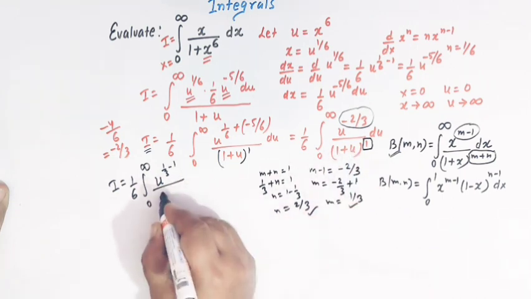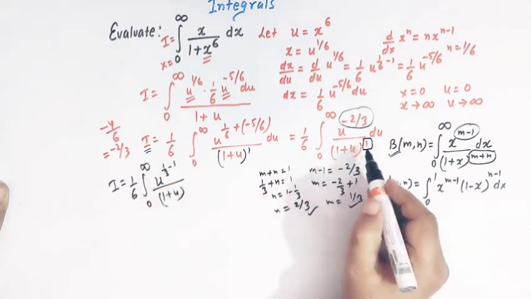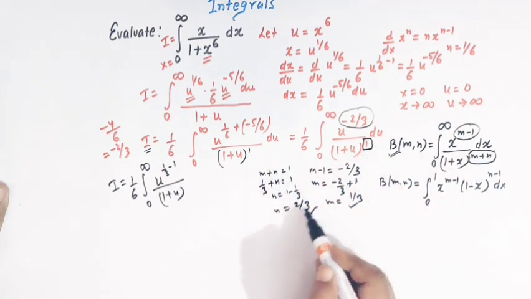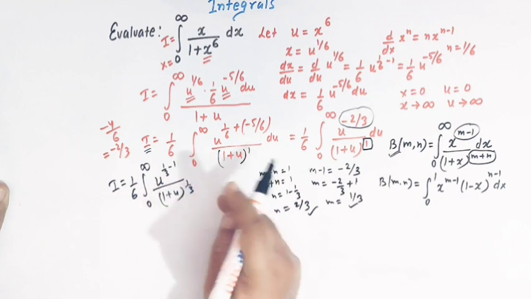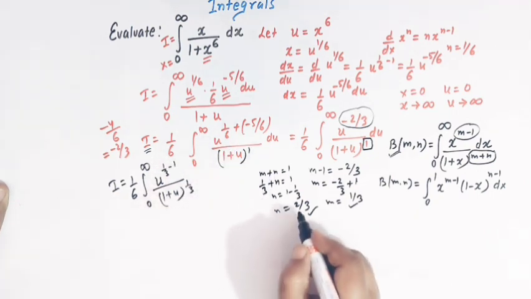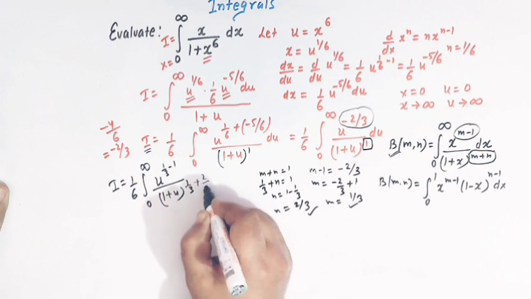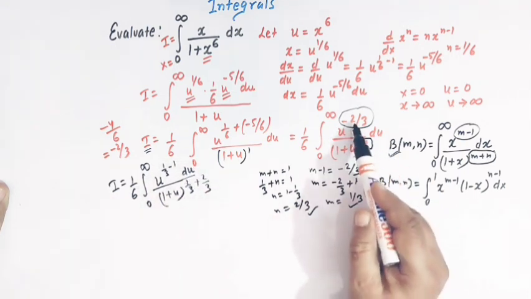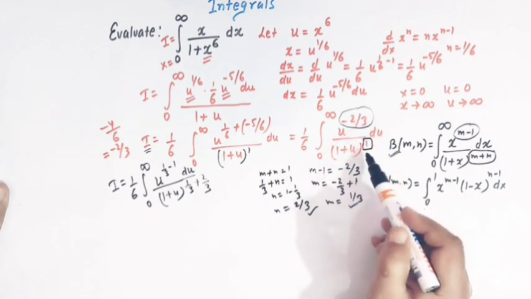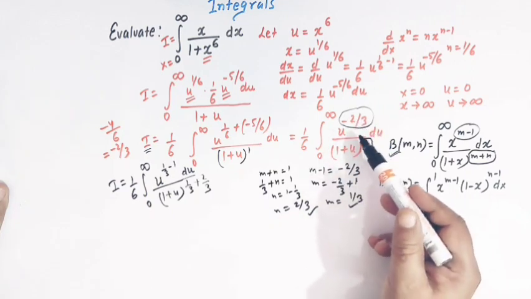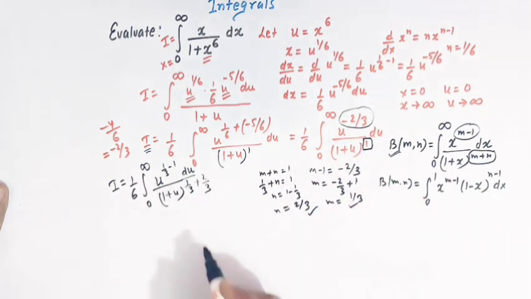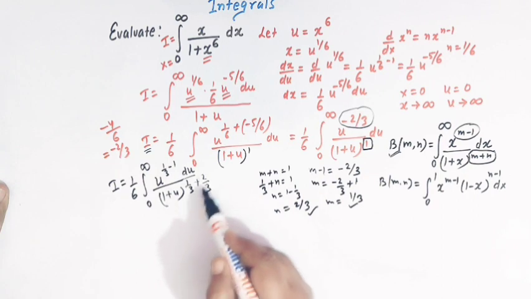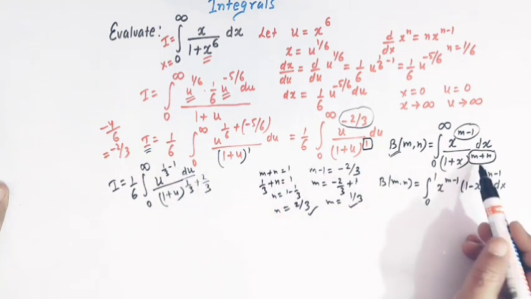And here we have 1 plus u raised to 1, and 1 is m plus n, m is 1 by 3, and n is 2 by 3, right? And this is du. We can also find out the value of m and n by simply making a guesswork, right?